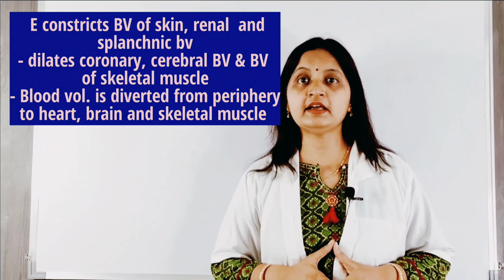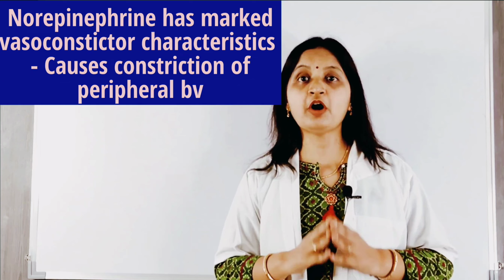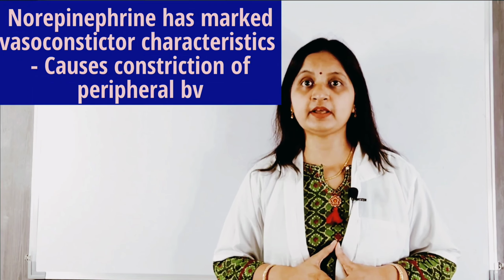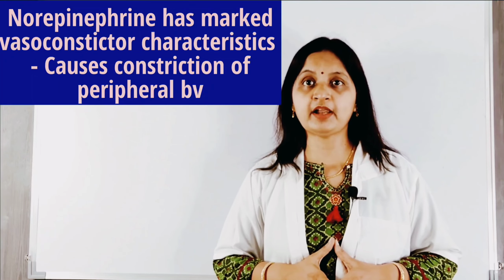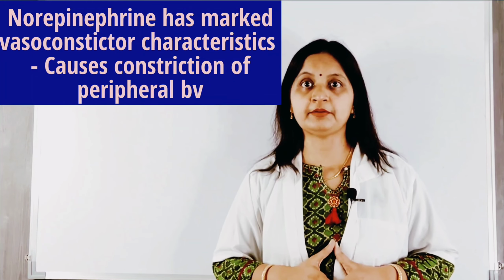Norepinephrine, on the other hand, has marked vasoconstrictor characteristics. It has predominant action on alpha-1 receptors, increasing the peripheral vascular resistance and decreasing the blood flow in the peripheral circulation.